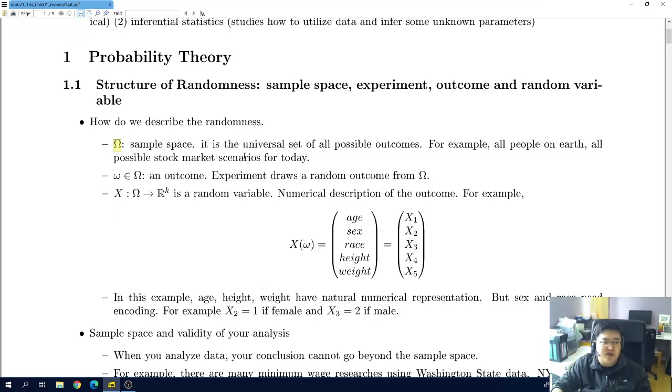This is everything from which you choose the outcome. For example, all people on Earth. If you want to study, say, average income, then your set of interest is everyone. Or if you think about randomness in the stock market, then the box is all possible stock market scenarios for tomorrow.